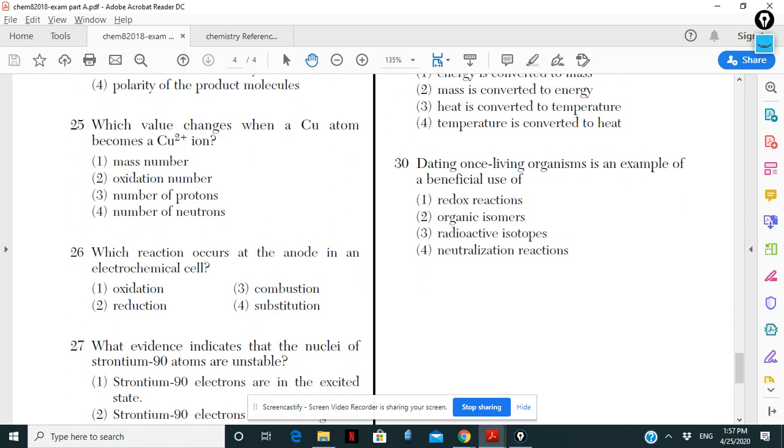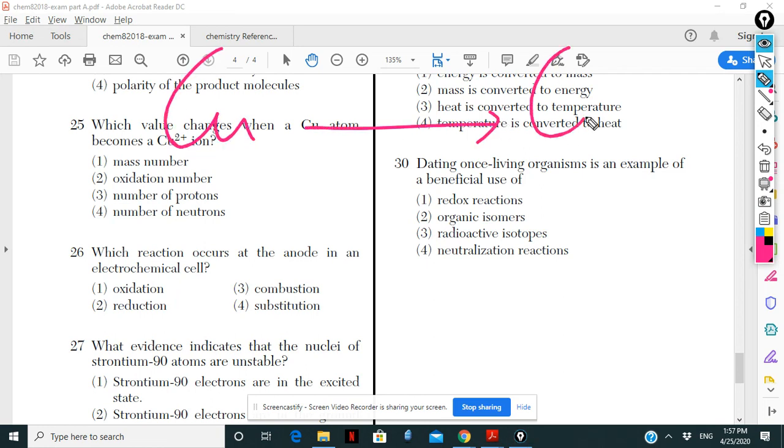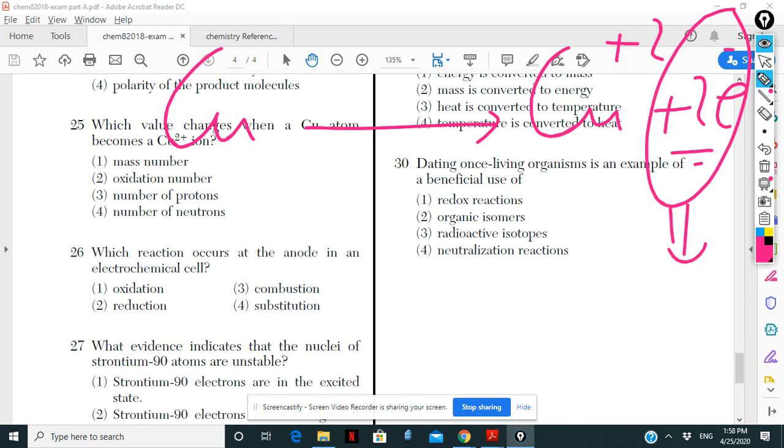Question number 25. Which value changes when a copper atom becomes an ion? For copper to become a copper ion, it should lose 2 electrons. What does it mean? Here, the electron is the one that's affected, but it's still the same element, so it still has the same atomic number and the same atomic mass.